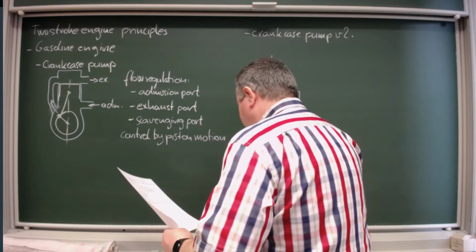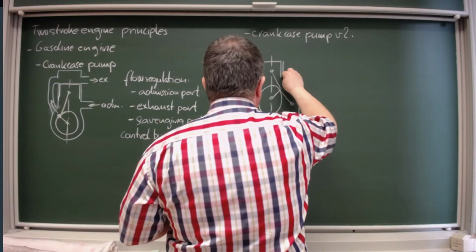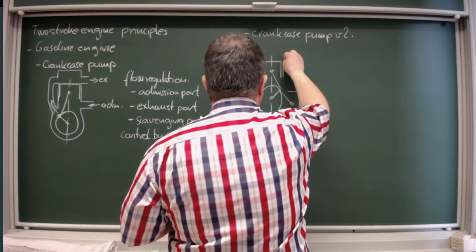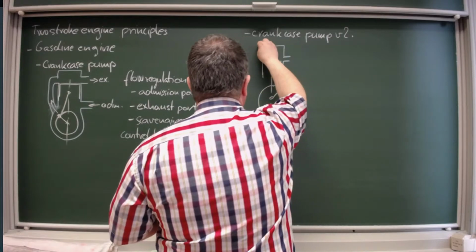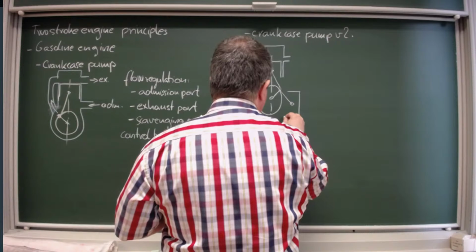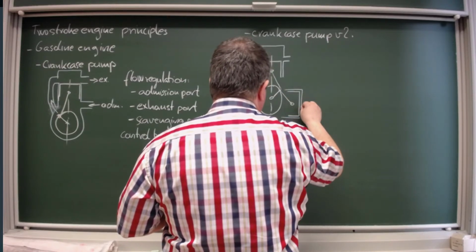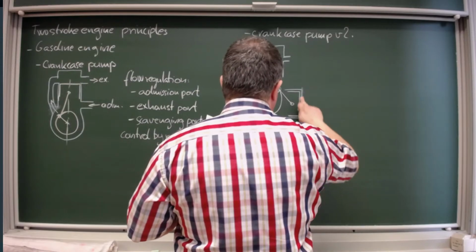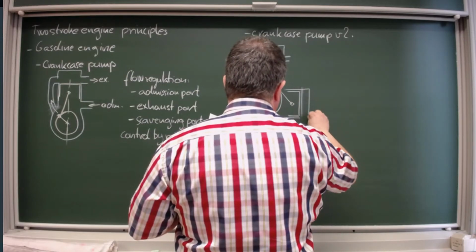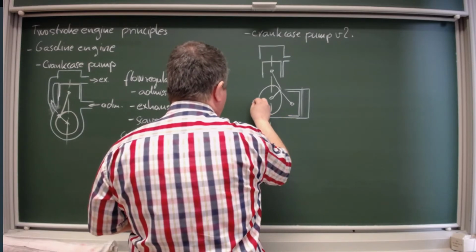It has just a unique task, and this task is to modify the volume of the crankcase. Nothing else. So if I want to draw this system, this secondary piston has the unique task to modify the volume.